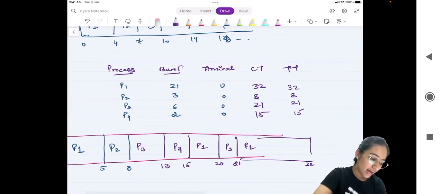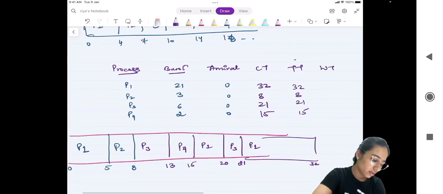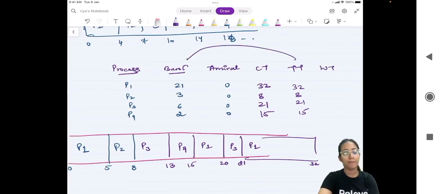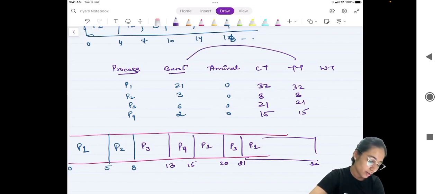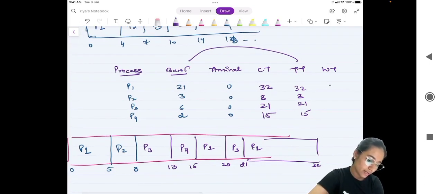And then we have the waiting time. Waiting time is turnaround time minus the burst time. So 32 minus 21, which will be 11 over here. Then we have 8 minus 3, 5, 21 minus 6, 15, and this is 13.